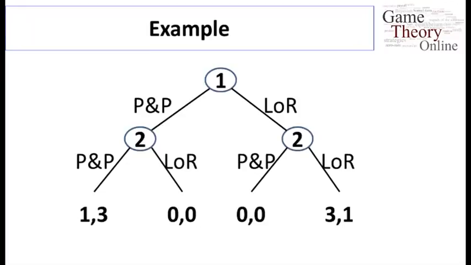Let me illustrate this. Here's the first example, very straightforward, our battle of the sexes with sequential moves, and you can see that player 1 has 2 pure strategies, go here or go here, whereas player 2 has 4 strategies.